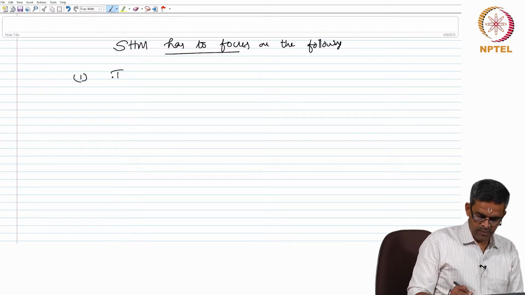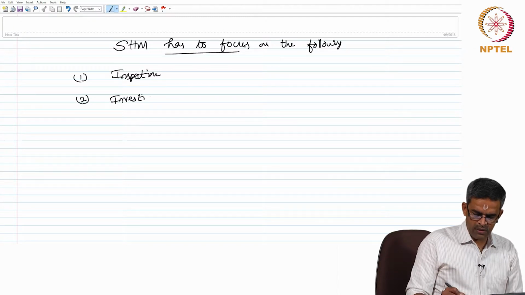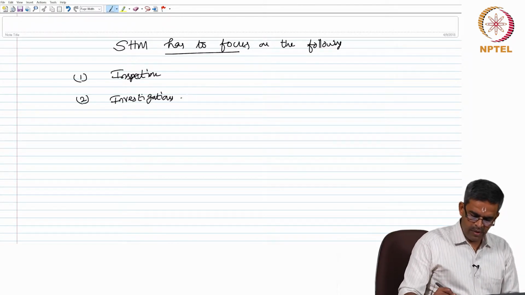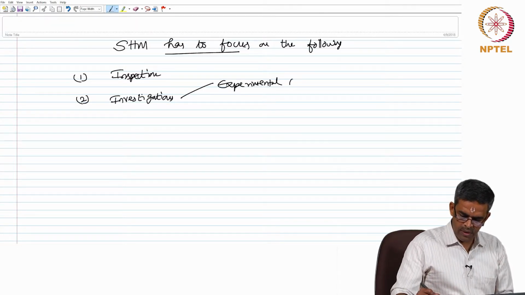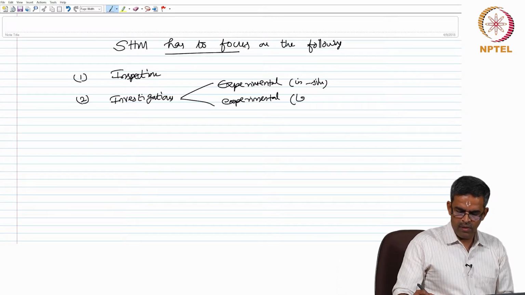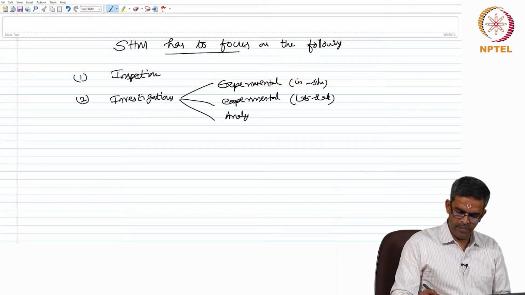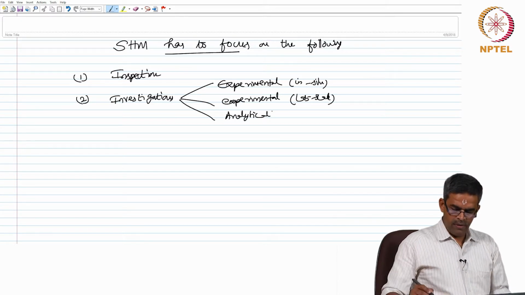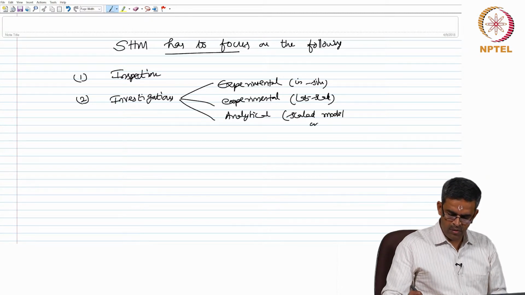One, as we saw in the last module lectures, inspection, investigations, it may be experimental, in situ, it may be experimental, lab scale, it may be analytical, scaled model, or prototype.